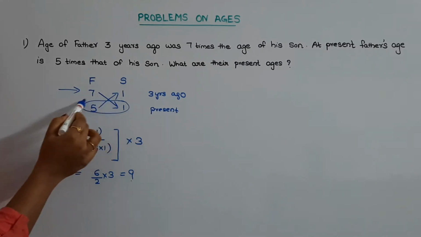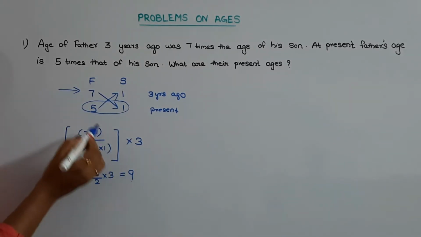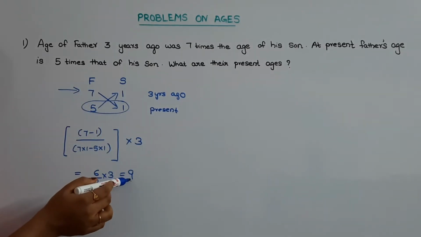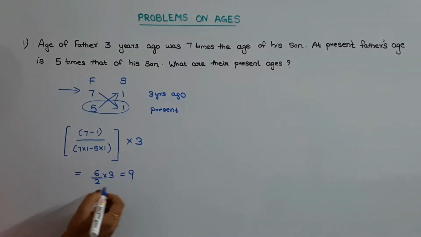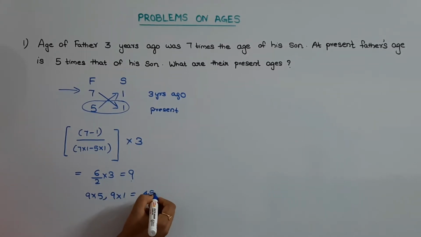Then you will get the original values of this ratio. On multiplying this 9 by 5, you will get the present age of father. And on multiplying this 9 by 1, you will get the present age of son. So 9 into 5 and 9 into 1 will give you the present ages of father and son.